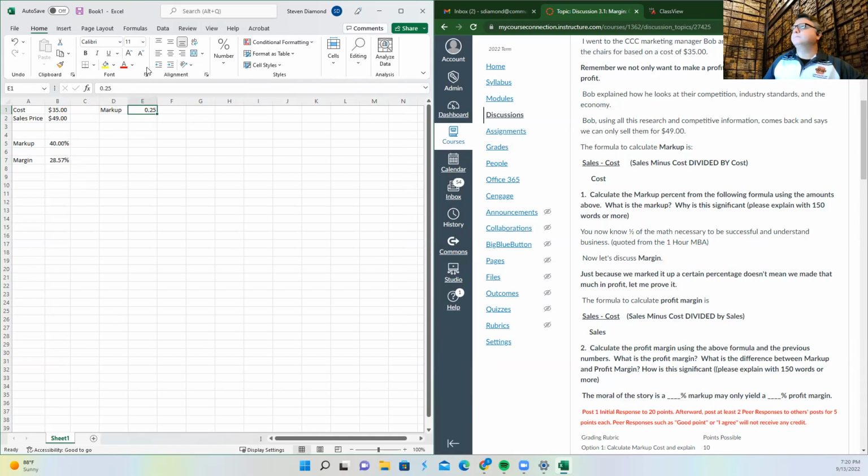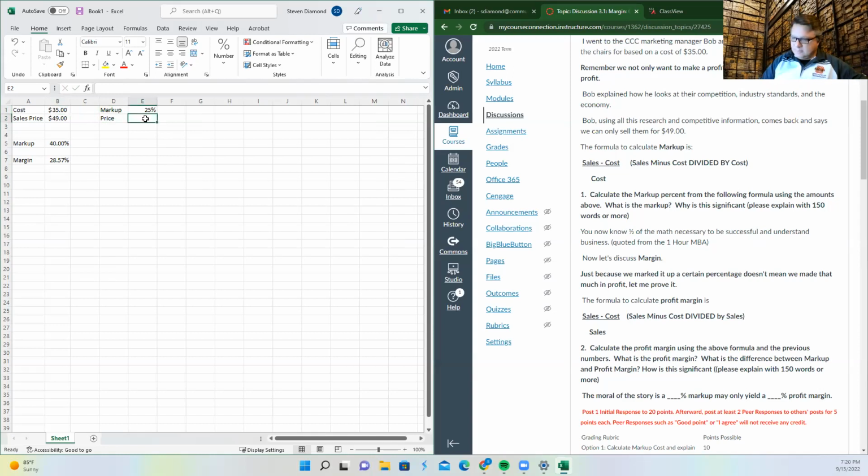Now, one of the formulas you're going to see in all this is if you want to figure out what your price will be based on that markup. We're going to the cost.